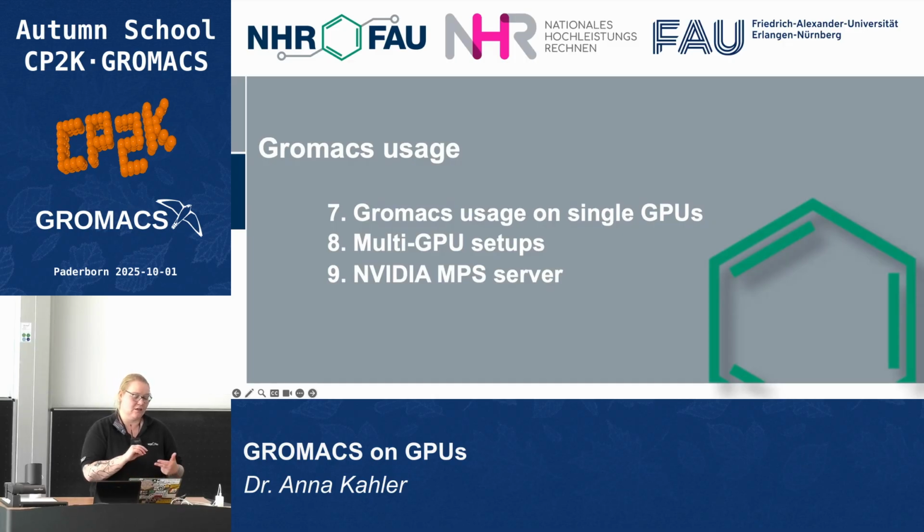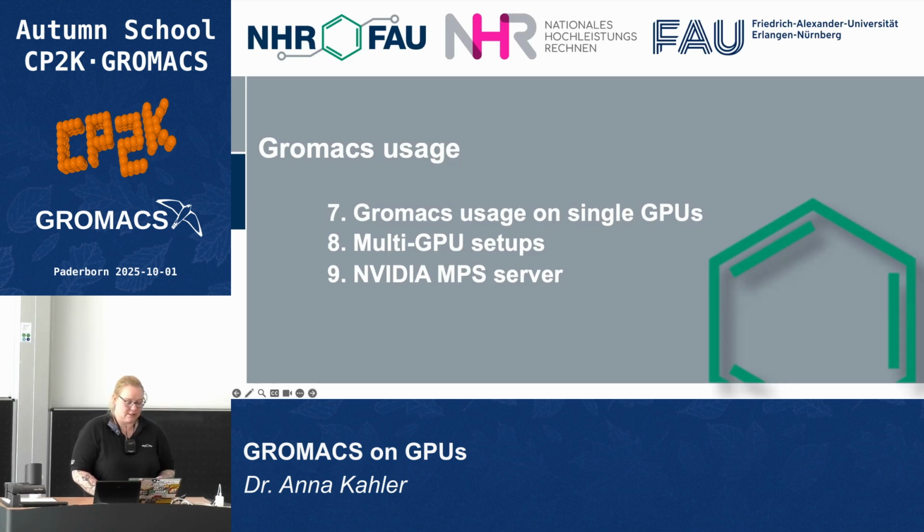Also, the communication between the nodes will decrease performance again. I guess you're all interested in throughput, or getting your simulation done as fast as possible, and not having 1 trillion atoms that would then be feasible to run on multi-nodes. So that is what I'm not going to show you here.